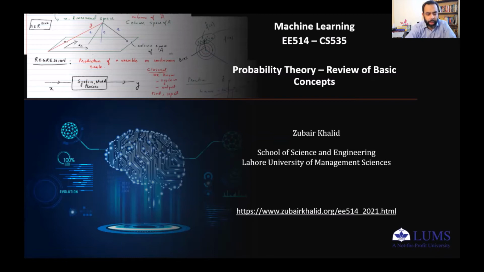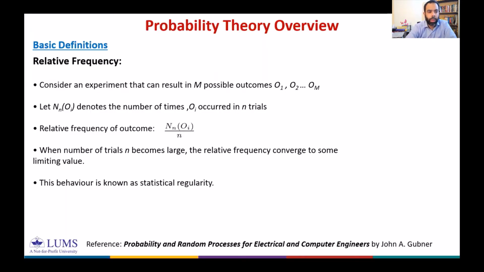Okay, let's start with the concept of relative frequency. I'm using this reference, Probability and Random Processes for Electrical and Computer Engineers by John Gubner. There are many good books about probability theory, and you can consult any of the books should you need to review the concepts in detail.